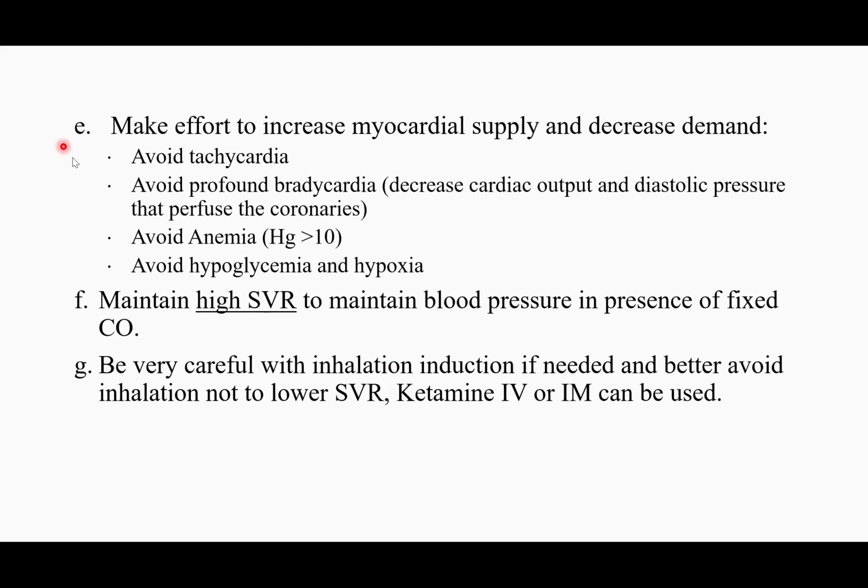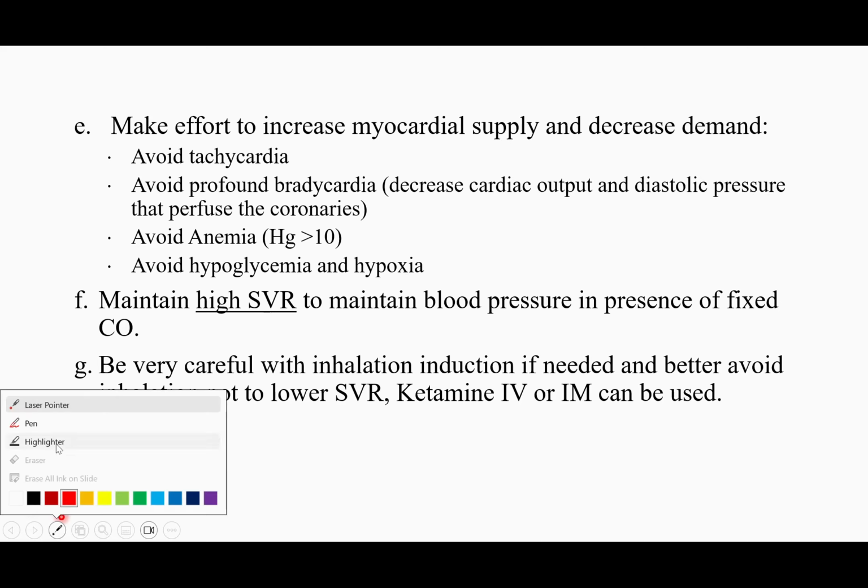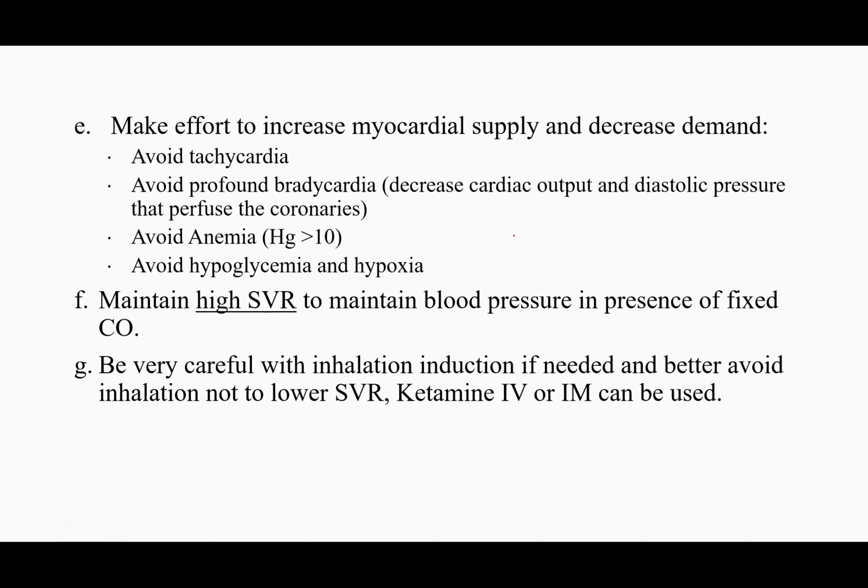Avoid profound bradycardia because it decreases the cardiac output and decreases the diastolic pressure that perfuses the coronaries, because the coronary blood supply is during the diastolic time. So with profound bradycardia, the blood flow falls greatly in the last part of the diastolic time.